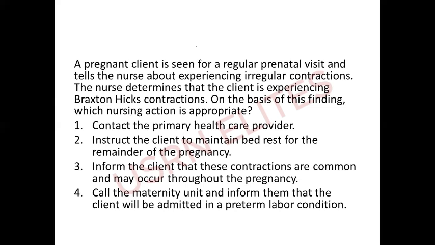On the basis of this finding, which nursing action is appropriate? Contact the primary care provider. Instruct the client to maintain bed rest for the remainder of the pregnancy. Inform the client that these contractions are common and may occur throughout the pregnancy. Call the maternity unit and inform them that the client will be admitted in a preterm labor condition.